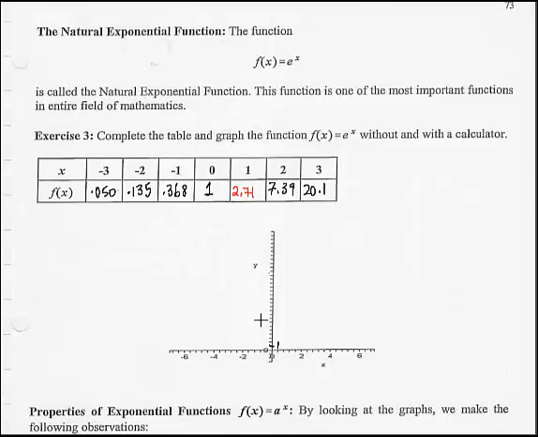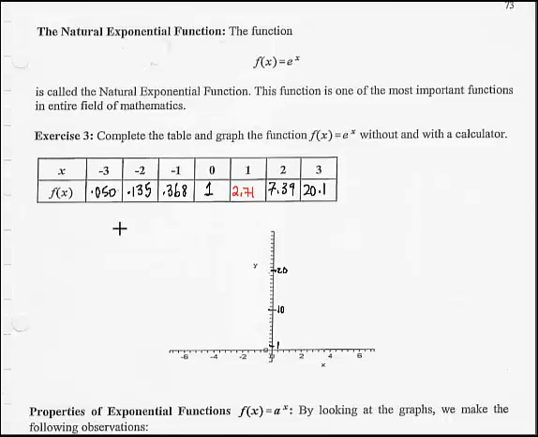Okay, and I have 1, 2, 3, 4, 5, 6, 10. So this is 10, and so 20 is going to be somewhere in here. I'll call that 20, just so that we can graph the full range of this table.